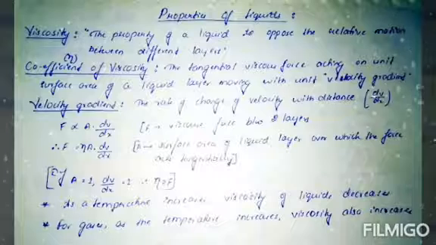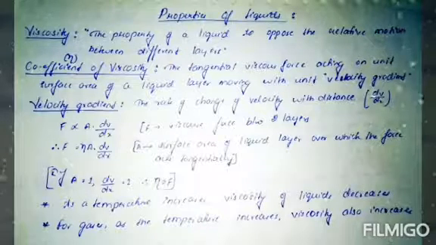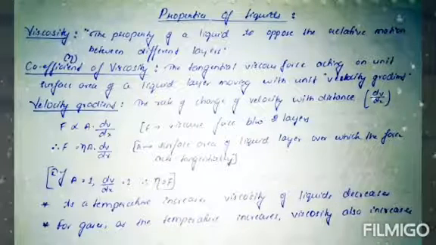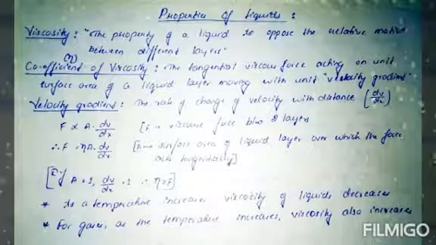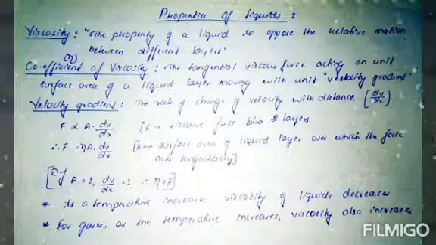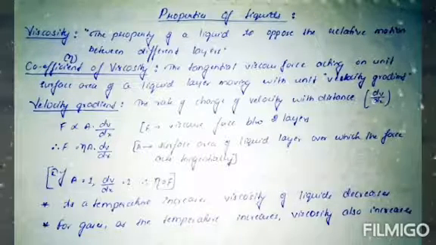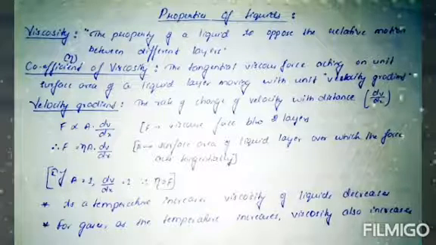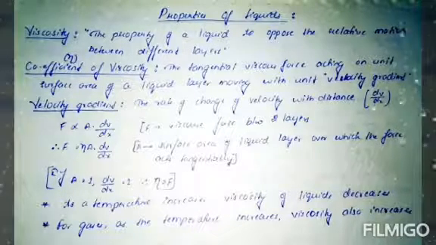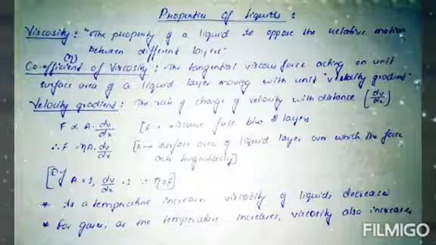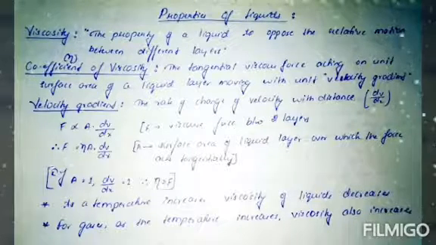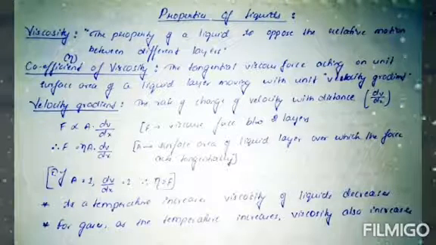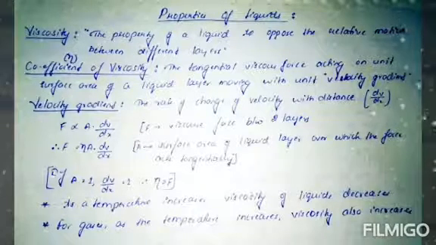Next, what do you mean by viscosity? It means some liquid is put into a container and there will be layers one over another, where the particles of one layer and the particles of another layer move and cause some friction, like vehicles moving on a road, where there is friction between the vehicle's tire and the road.